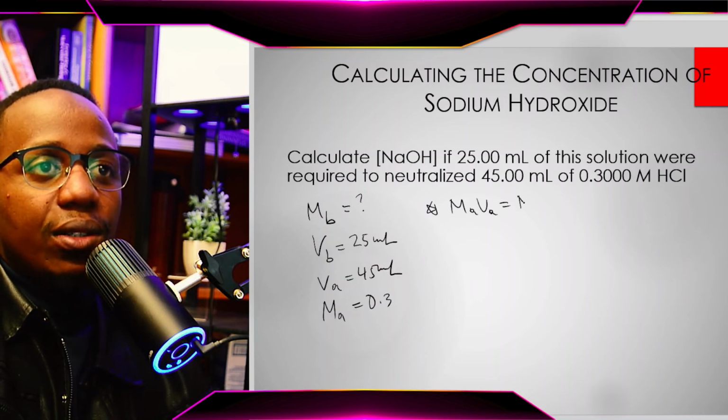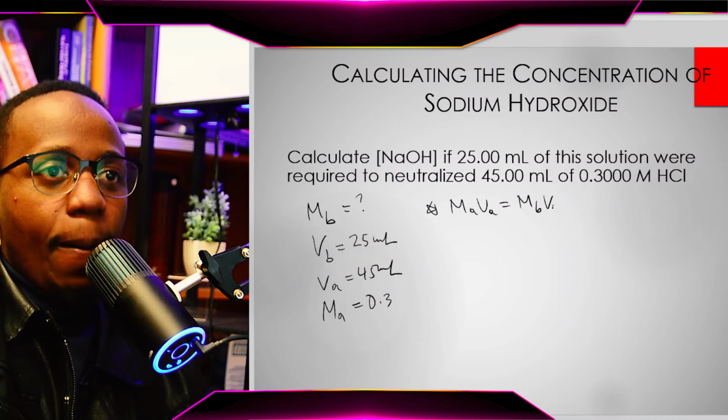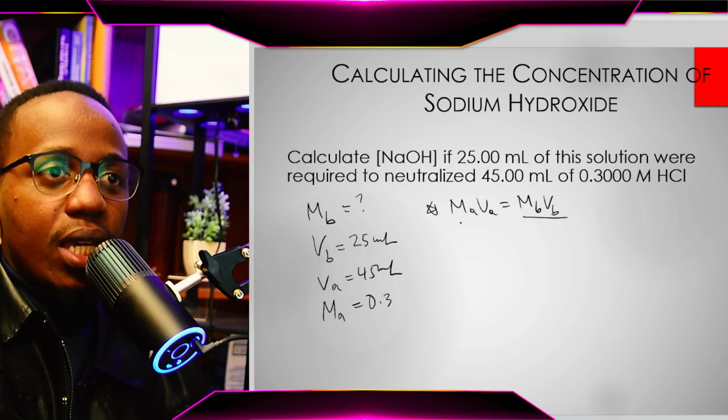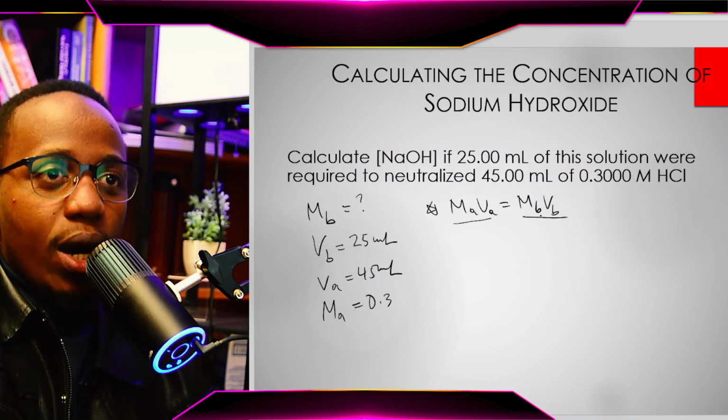MAVA is equal to MBVB. Let's solve for MB. How do you solve for MB? Divide both sides by what's next to MB. In this case it's VB, so that this can cancel out.